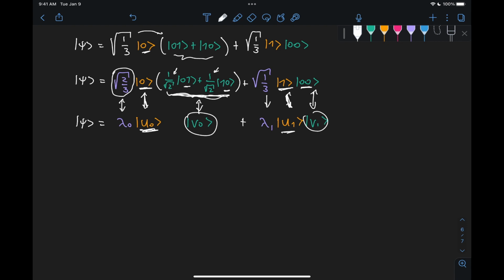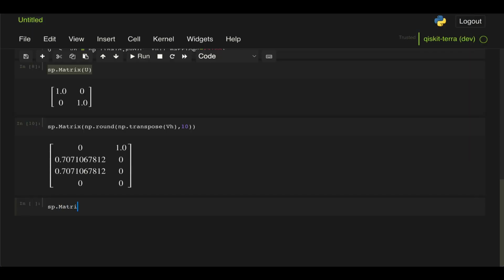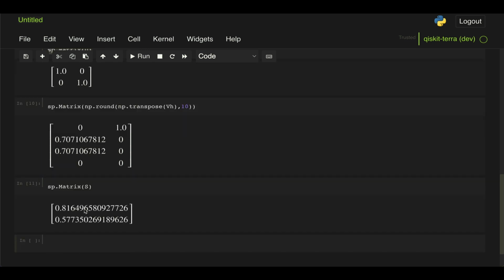And lastly, we can display our S matrix, or our sigma matrix. And here we see that this corresponds to the diagonal elements of the sigma matrix. So this S is actually a vector. This numpy function returns S as a vector, not as a matrix, which gives us the diagonal elements that we're interested in.